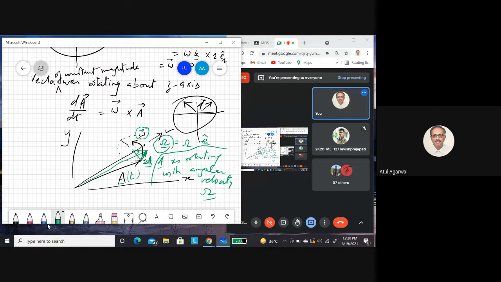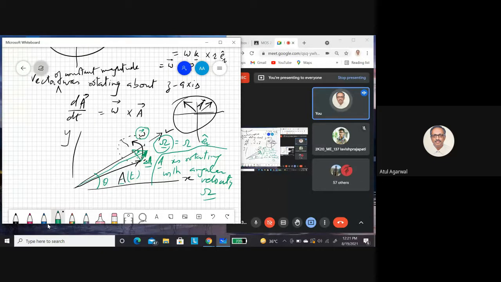Every time this has a constant magnitude. So its distance from this axis is fixed. What is the radius of this circle? Can you tell me the radius of this circle? So delta A by A. Let's call this angle theta.